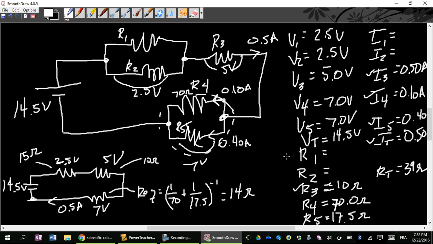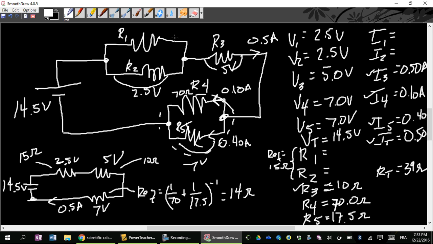Okay, they're trying to trick us here. So our equivalent of this is 15. They're trying to trick us. I cannot think of a way to find the actual value of R1 and R2. Am I missing something? I don't know.